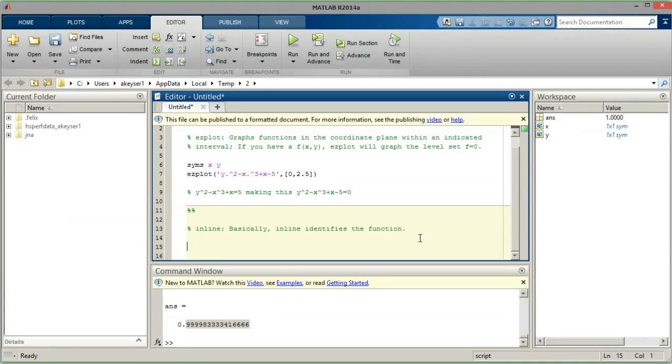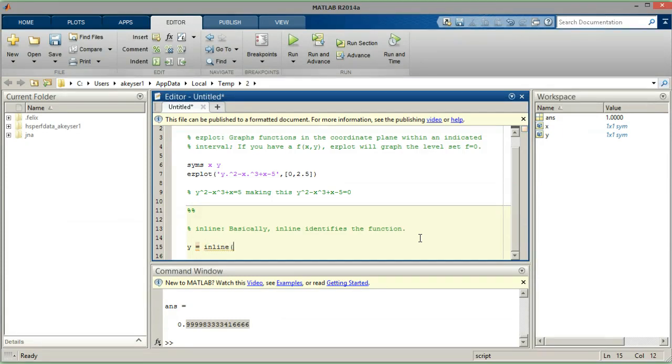Sometimes in MATLAB, you need to assign names for things just to keep your code straight and for you to understand what you're doing. So you might want to call something y. Let's say we want y equals inline, and we're using inline because we want to specify a function.